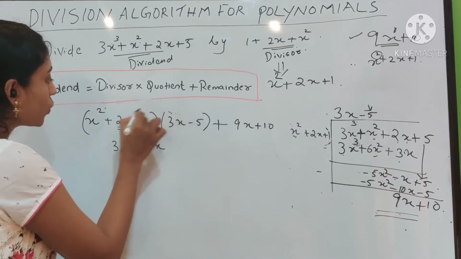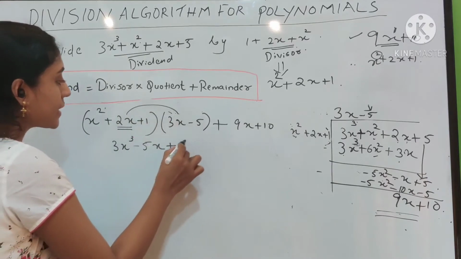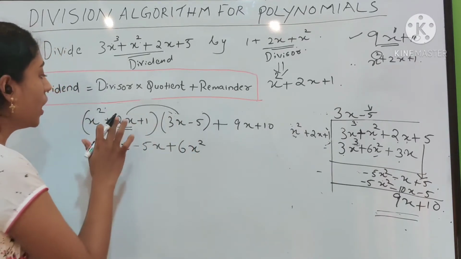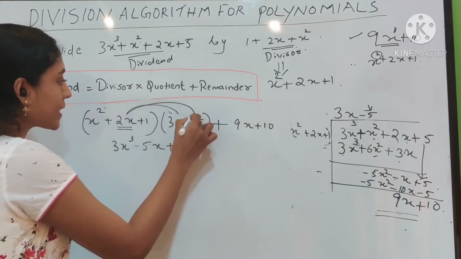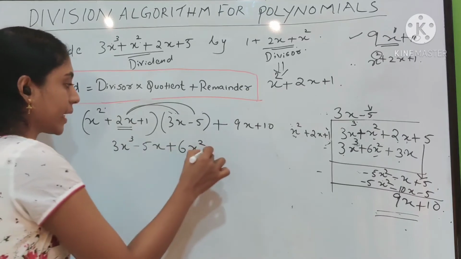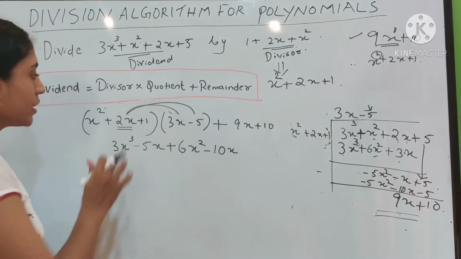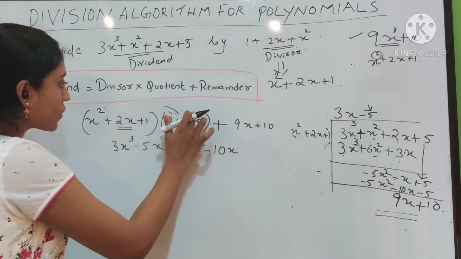So 2x into 3x, it is 6x square. Then 2x into minus 5, it is minus 10x. Got it? So the multiplication with the second term of the divisor is also over.